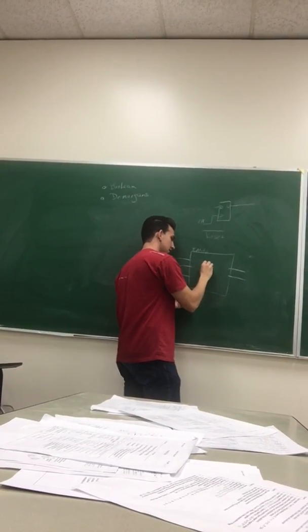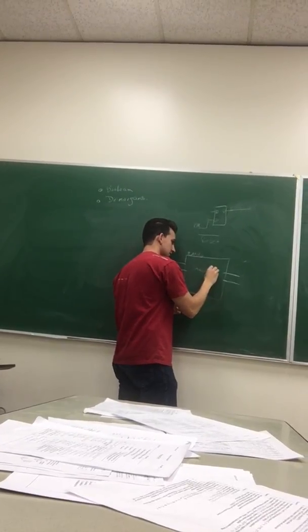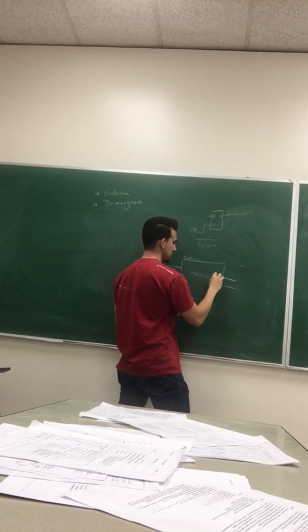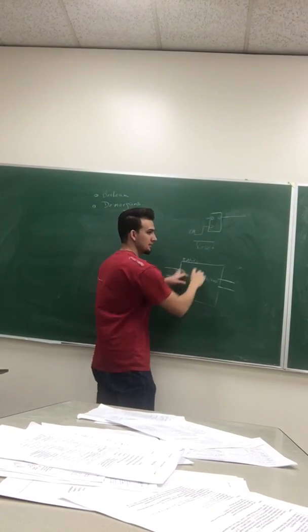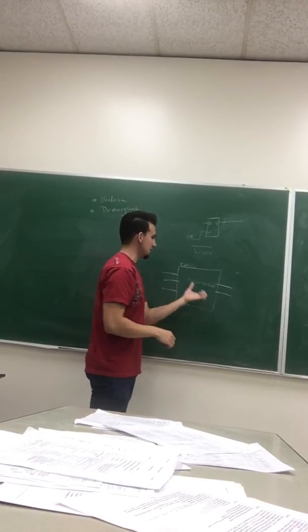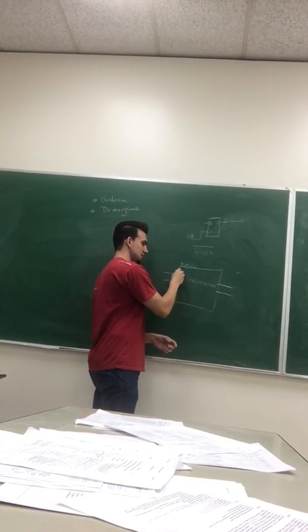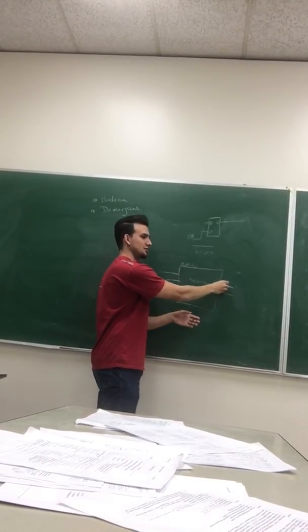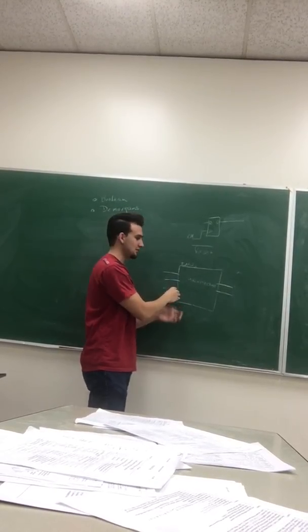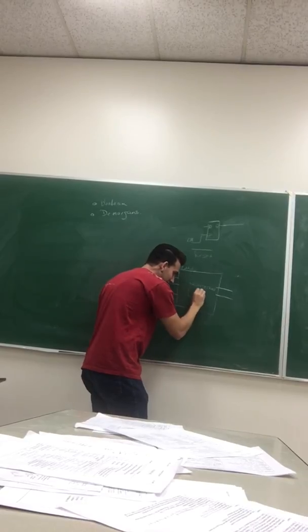So the inside is architecture. The entity basically describes what the symbol looks like, and then the architecture says how does this output get created from these inputs.